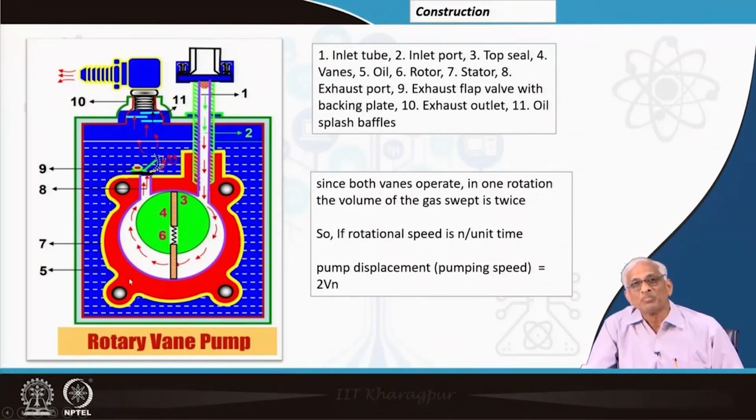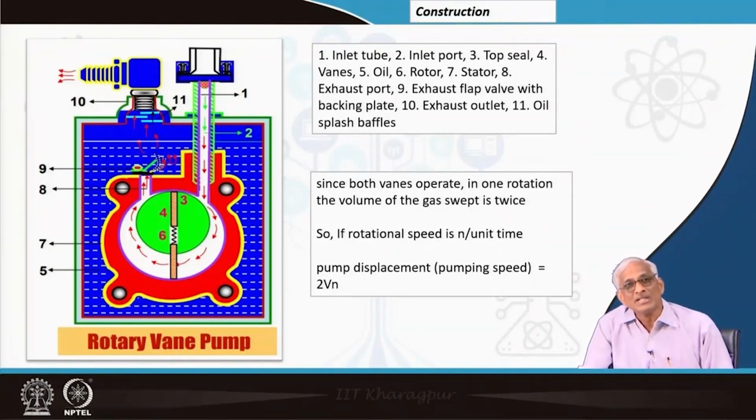chamber called stator. So, this rotor is basically situated in an eccentric fashion in the stator. That red colored thing is the stator, the green colored thing is the rotor. The rotor is having a diametrical slot in which two vanes are there supported by a spring for the mechanical integrity, so that they will always be touching the interior portion of the smooth, very highly polished lining of the stator.